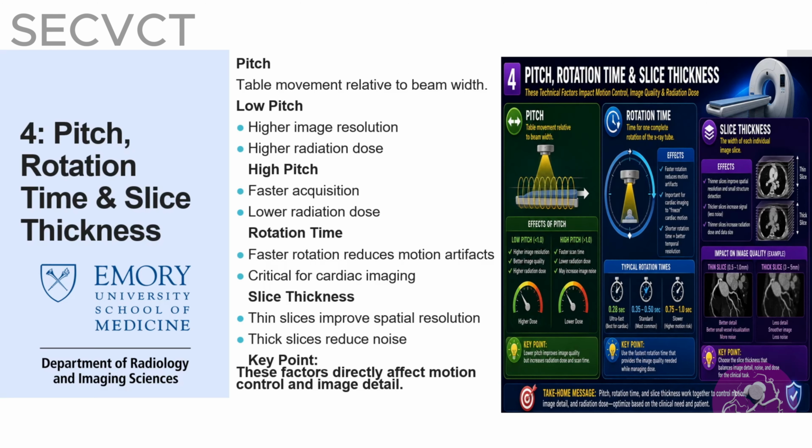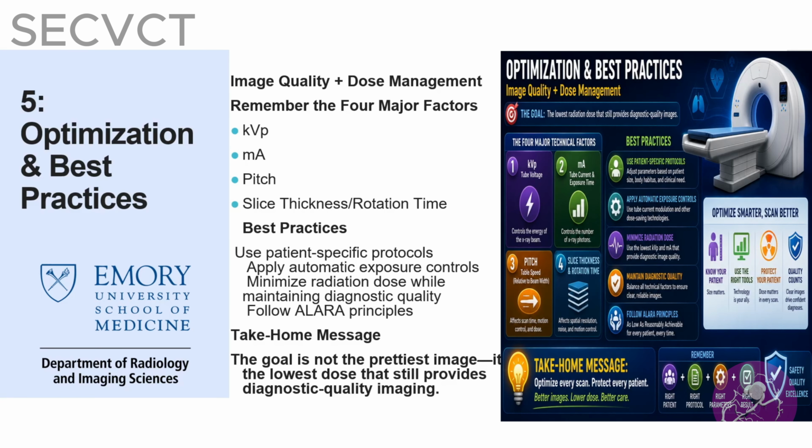Be very careful about the rotation times and the reduction of motion artifact. Slice thickness: thin slices improve spatial resolution. Thick slices reduce noise. The key point here is that these factors directly affect motion control and image detail, so your image quality and dose management.